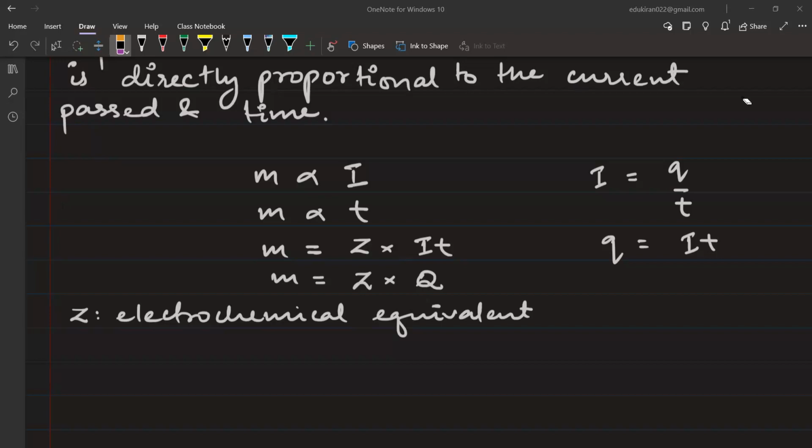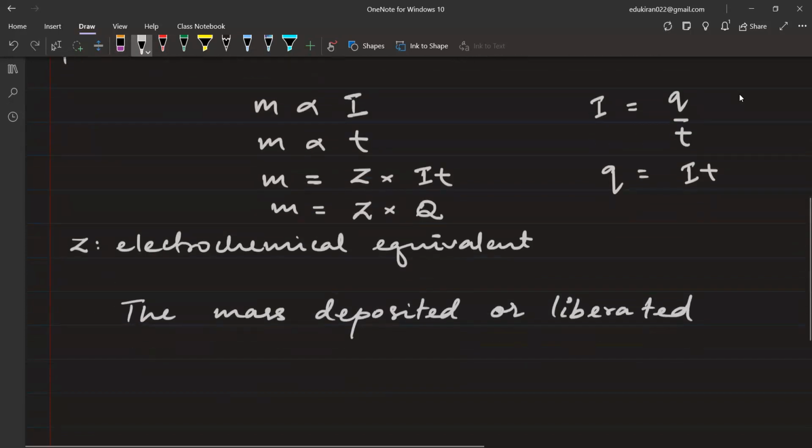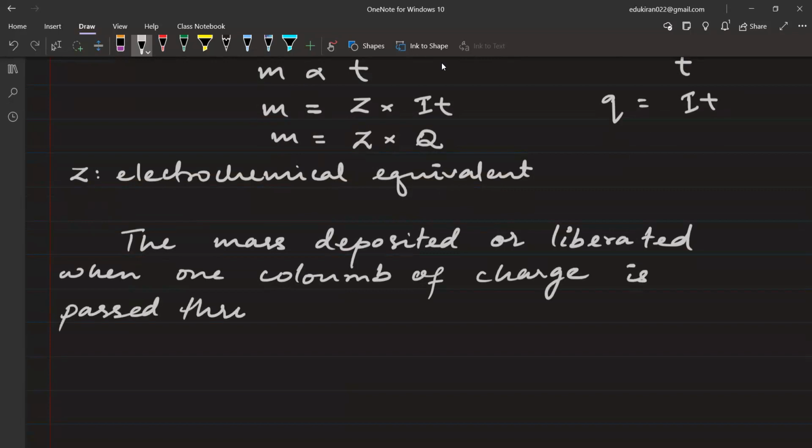So it is defined as, please write: the mass deposited or liberated when 1 coulomb of charge is passed to the electrolyte.